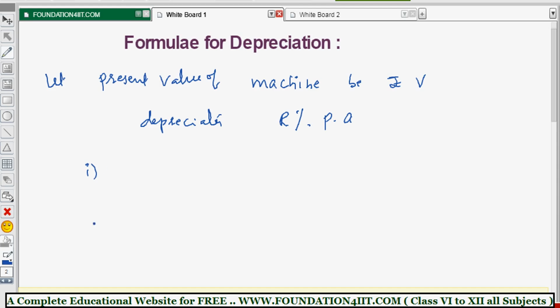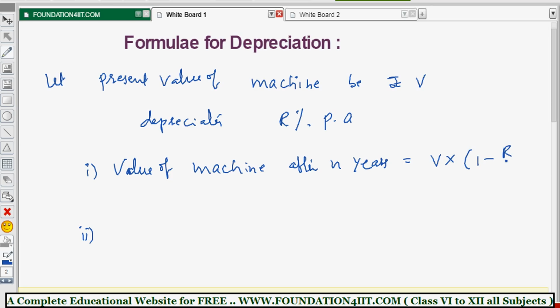Then two formulas here. The value of the machine after n years, so time is n years. Similarly to the population decrease formula, but we take the machine. If they give the present value and the decreasing rate, we find the value of the machine after n years. That is V into 1 minus, because it's decreasing, 1 minus R by 100 to the power n, right?